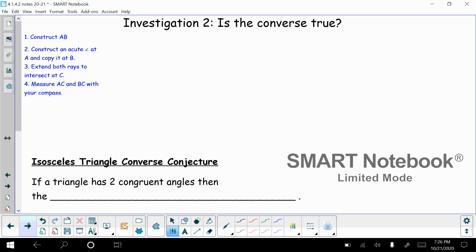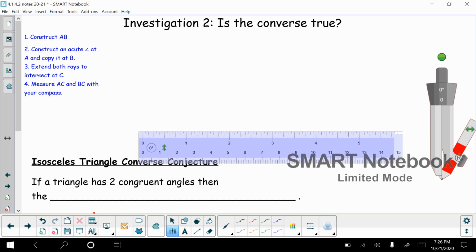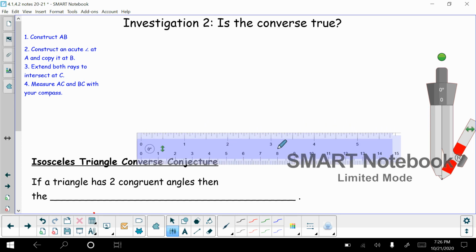It says construct AB, and then construct an acute angle at A, and then copy it at B. Okay, so let me get my straight edge and my compass. I'm just going to make a random segment, and let's make this one a little bit larger so we have room to work with.